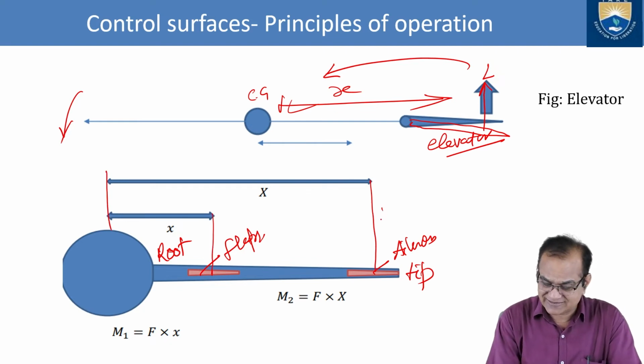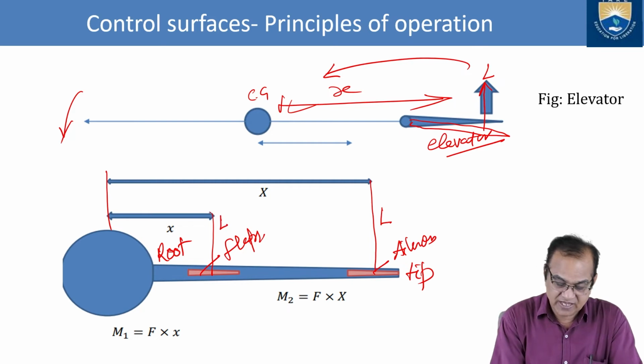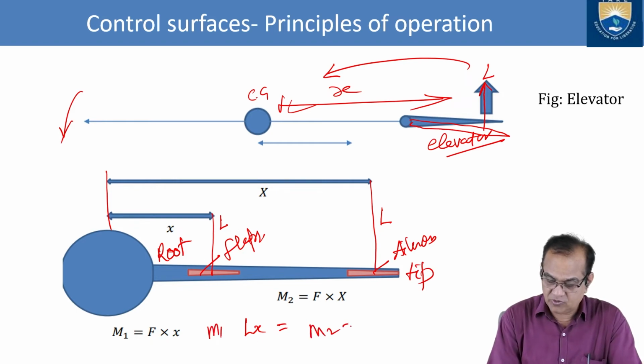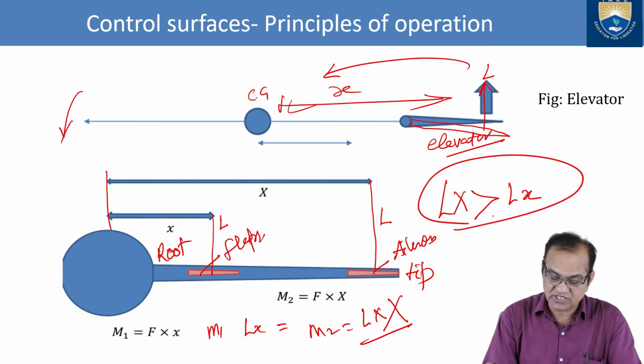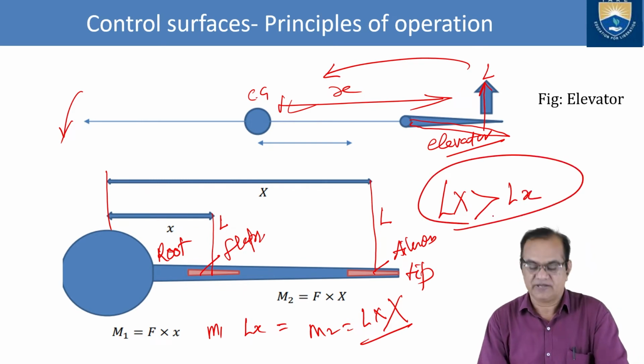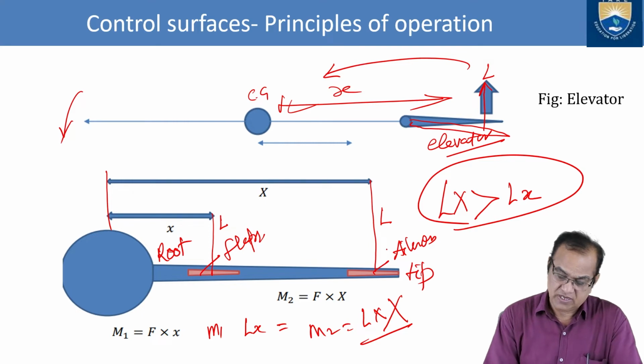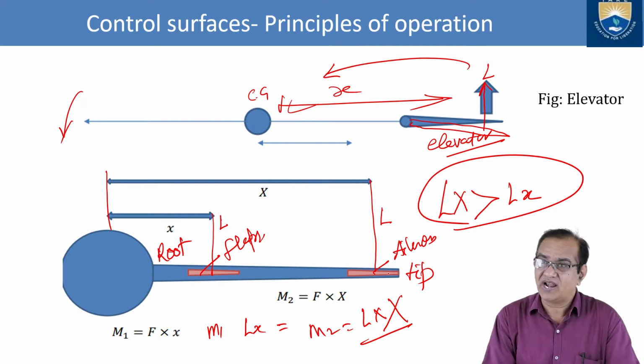If you take the same lift here and here, here the moment will be less, because the moment m1 will be L into x, and m2 will be L into capital X. So L into capital X is greater than L into small x. That is why we use the aileron very far away.